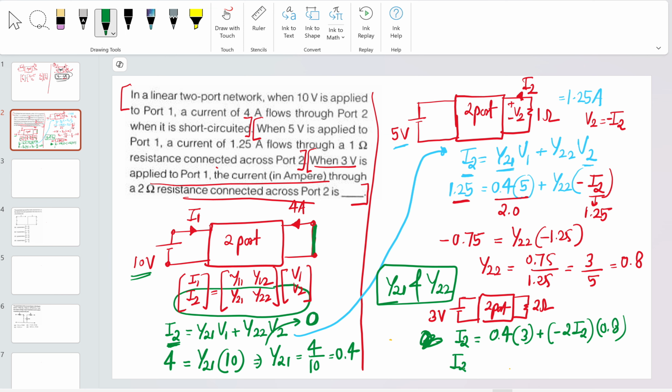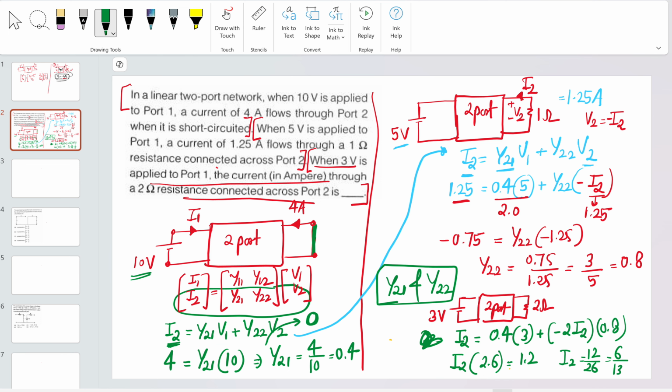So I2 will get added here. It will become 2.6 here, equal to 1.2. So I2 will be equal to 12 divided by 26, which is 6 divided by 13, I think.